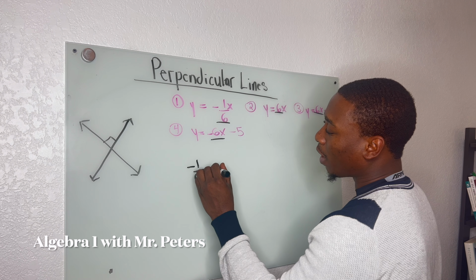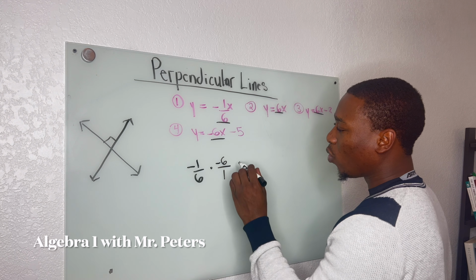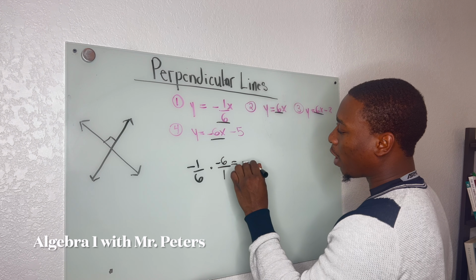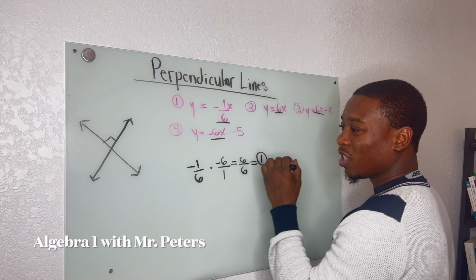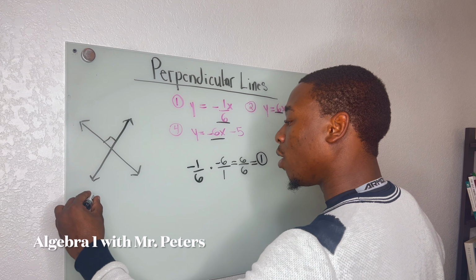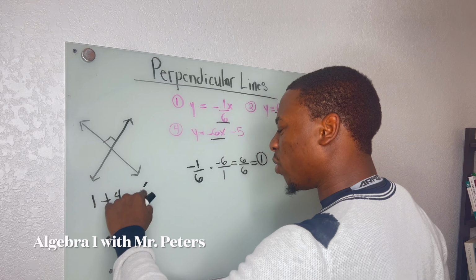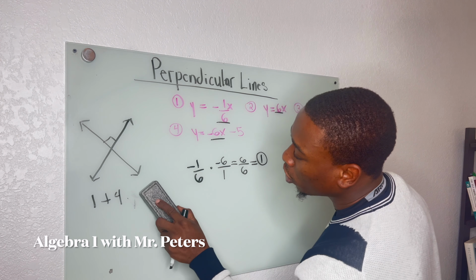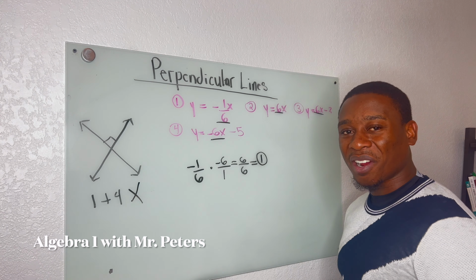So I'm going to multiply this by negative 6 over 1. And once I do that, I'm going to get positive 6 over 6, which equals 1. So the combination of equation 1 and 4, we're not going to put an equal sign, I'm sorry. So equation 1 and 4, this does not work.